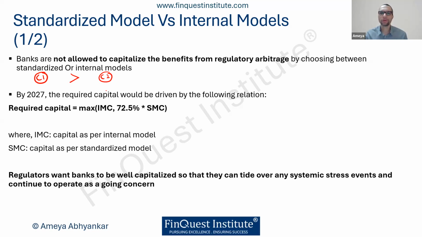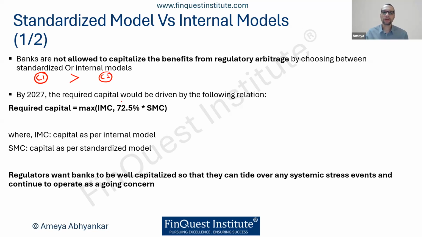They say that we don't want you to capitalize on this, because sure, profitability for banks is important, but from a regulatory point of view, it's important that banks remain stable. With these kinds of regulatory arbitrages, sure, in the short term banks are able to free up capital, but that also exposes them to a considerable amount of risk in the future. So that's why regulators do not support this idea of regulatory arbitrage.